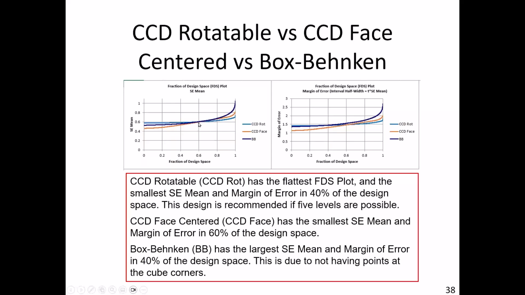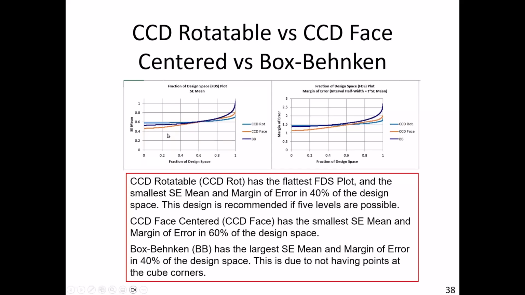And actually, the central composite face does quite well for the first 60% of the design space. And then for the 40%, rotatable does better. So remember, lower is better, flatter is better. So for this portion of the design space, the rotatable is better. And for this portion of the design space, the face is better.